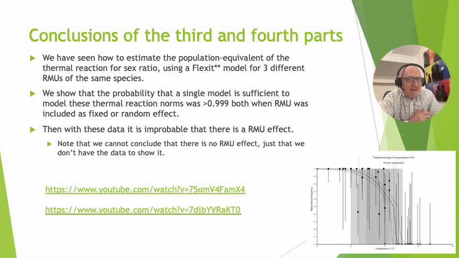Then, with this data, we concluded that it was improbable that there is an RMU effect. Just take care. We cannot conclude that there is no RMU effect, just that we don't have the data to show this kind of effect.